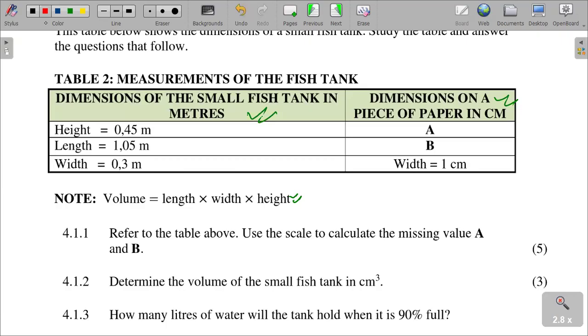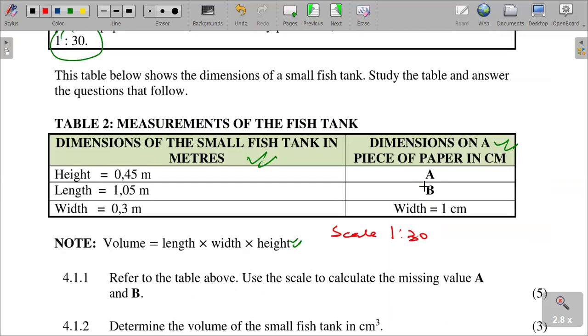Refer to the table above and use the scale to calculate the missing values A and B. The scale we are given is 1:30.